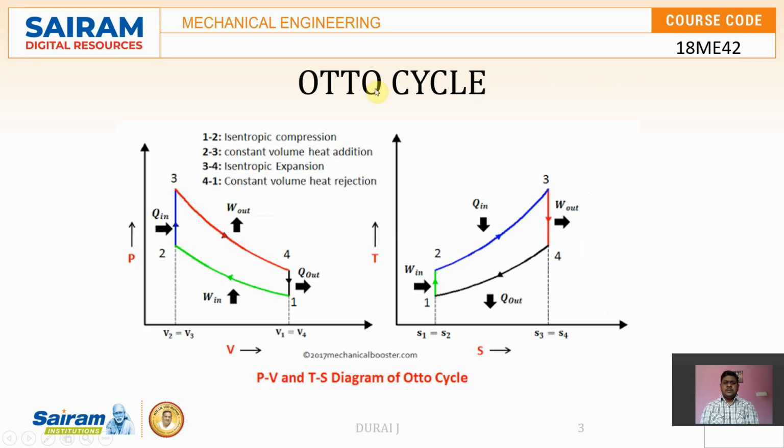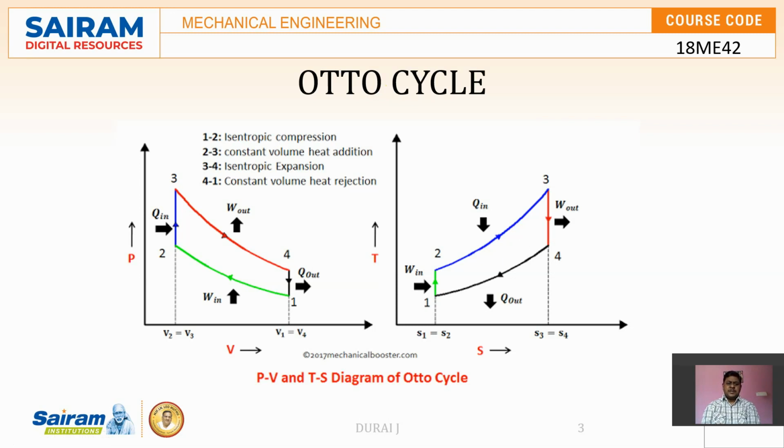When you see the working of the Otto cycle, I will explain through the PV and TS diagram. As usual, there are 4 processes in the Otto cycle as well. The 4 processes are compression, heat addition, expansion, and heat rejection.